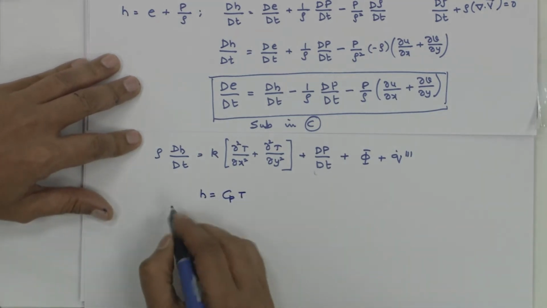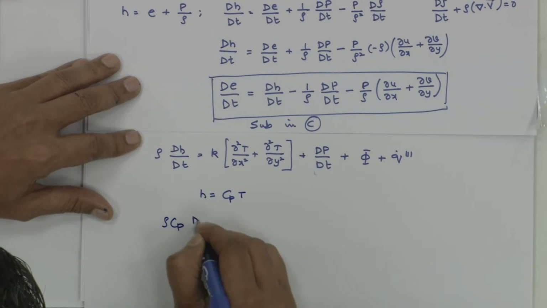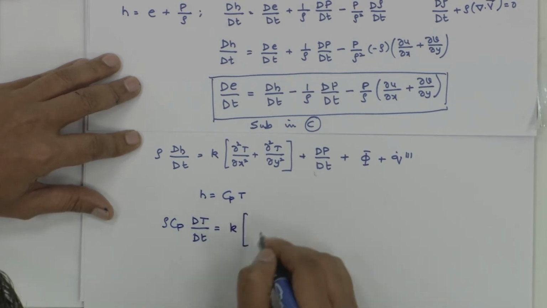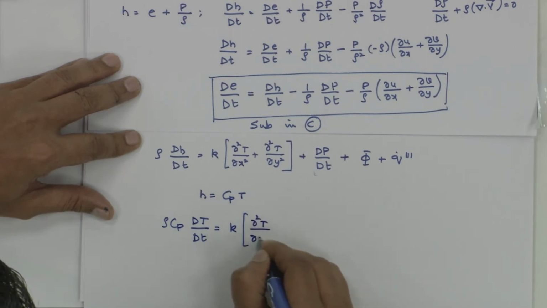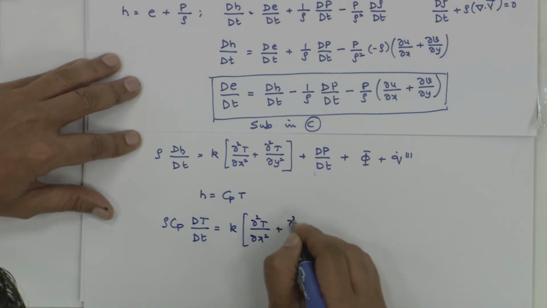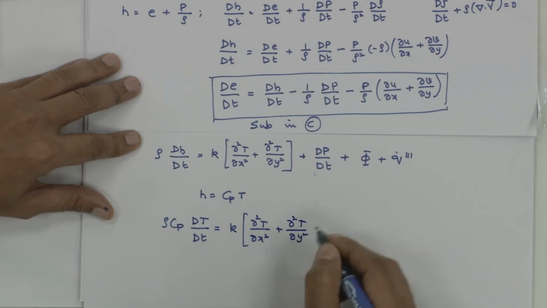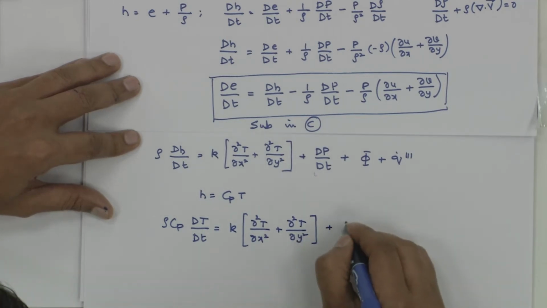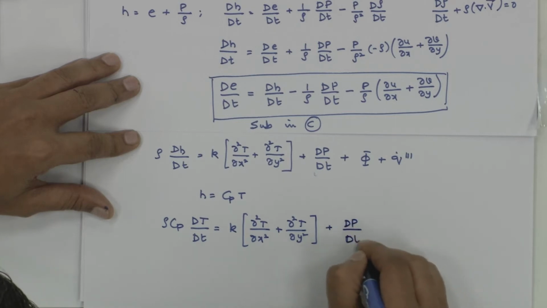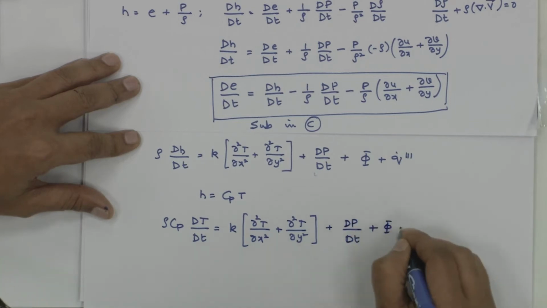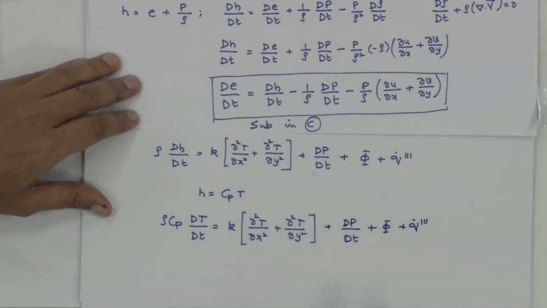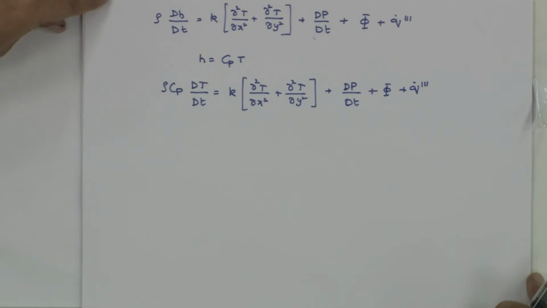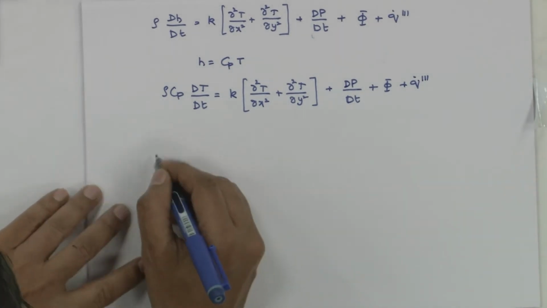So, if I substitute that, I get rho Cp dT by dt is equal to K del squared T by del x squared plus del squared T by del y squared plus dP by dt plus phi plus q dot triple prime. Let me just write this expanded version of dT by dt.